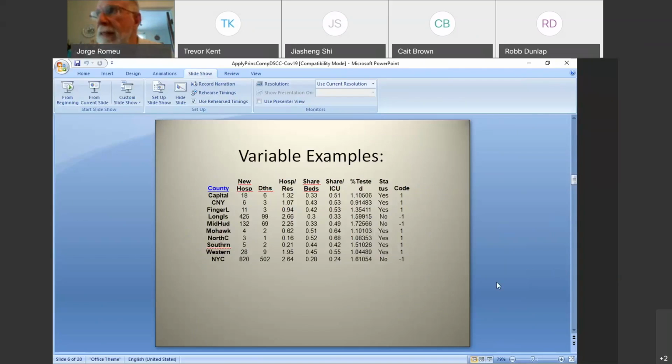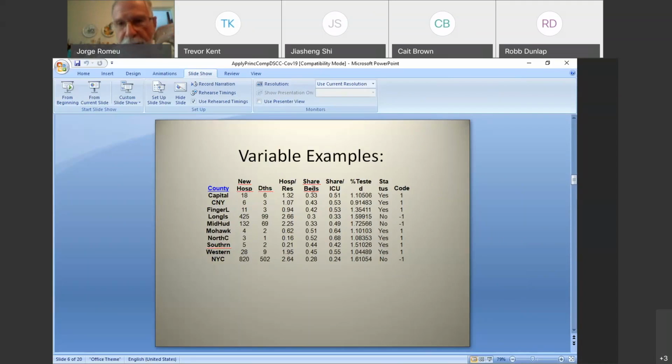We have taken this data. This data was from the month of May in New York State. So it was at the very beginning, and it was taken from the dashboard of New York State. And they had, for all the regions in New York State, new hospitalizations, deaths, hospitalizations per county and regional residents.